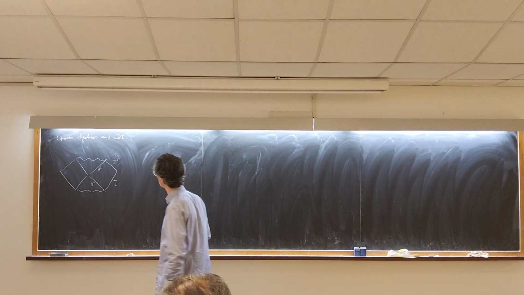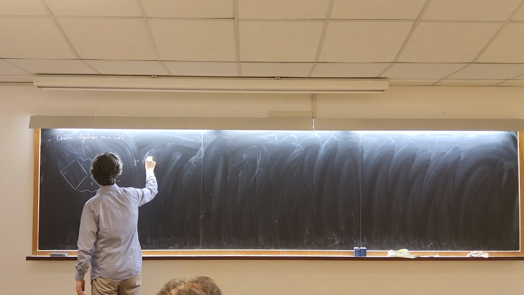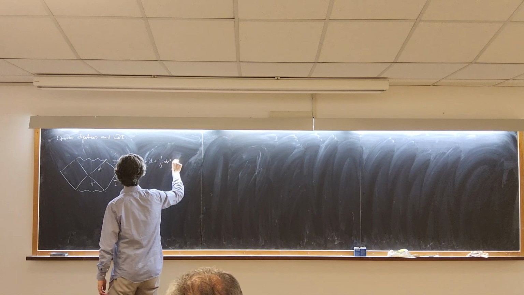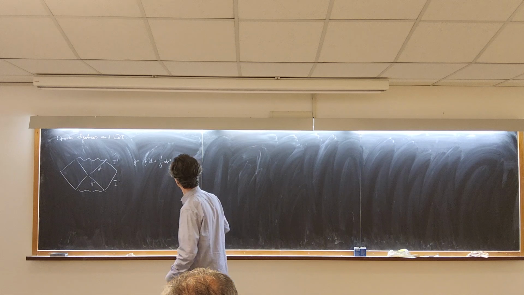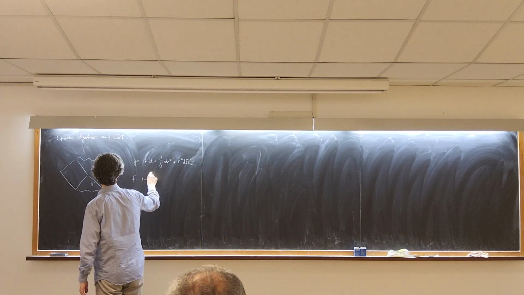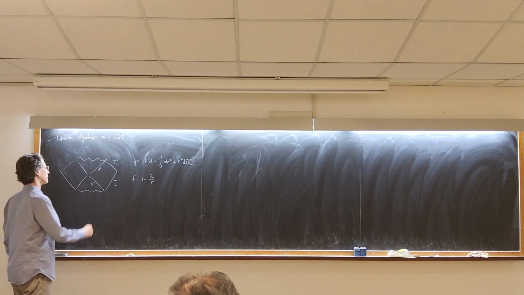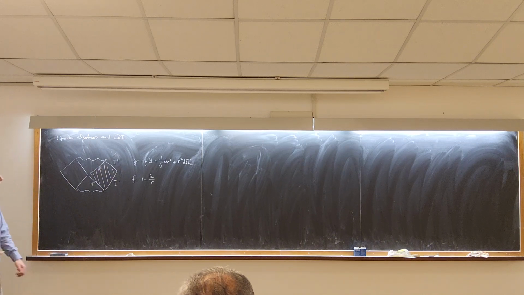The metric is this, where f is 1 minus r plus over r. r plus is called the Schwarzschild radius, and in these coordinates we cover the so-called exterior region of the space-time.